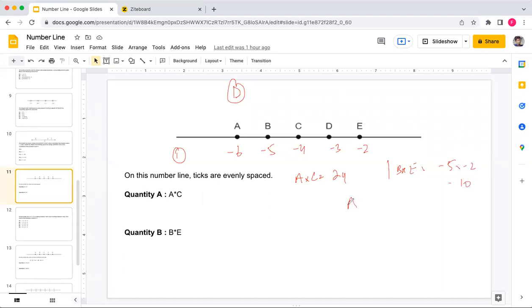So in that scenario, quantity A is greater. But if I take values like 5, 6, 7, 8, and 9, now AC is 35 and BE is 54. In this scenario, B is greater. So the answer to this question is D.